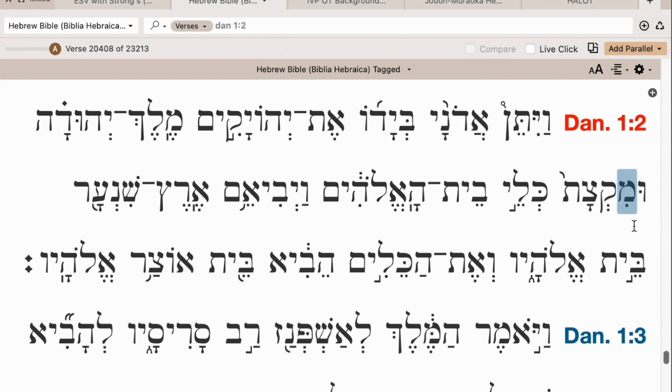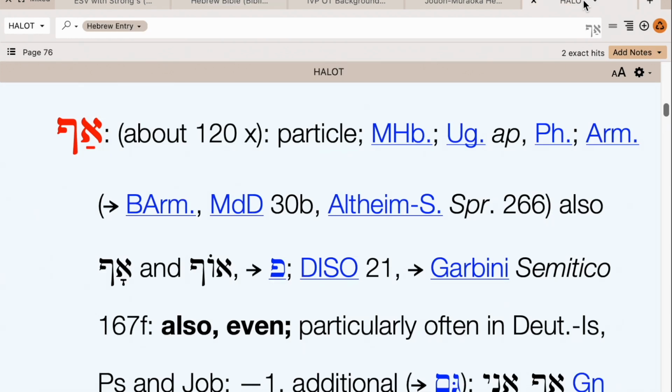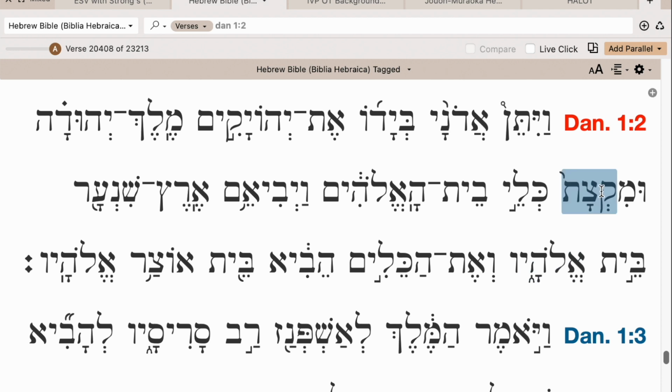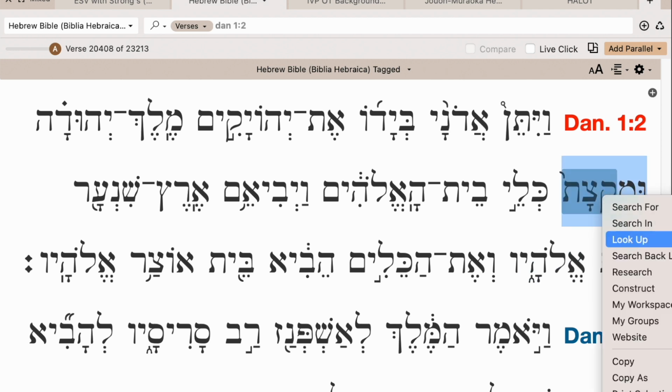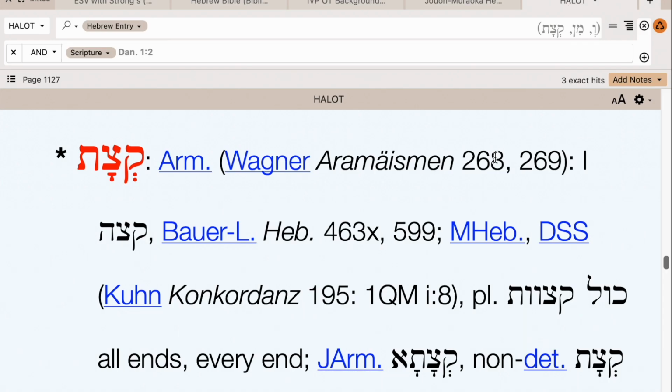Okay, and then we have Umiktsat Kilei, and literally it would be, and from, and we're going to translate Kitsat here as some. Now you can see in the lexicon, whoop, that's not the right reference. I think I must have scrolled through before here. Let's go back to the right reference. There we go.